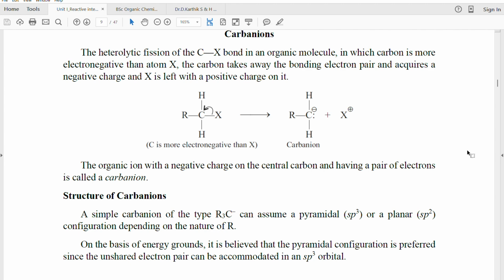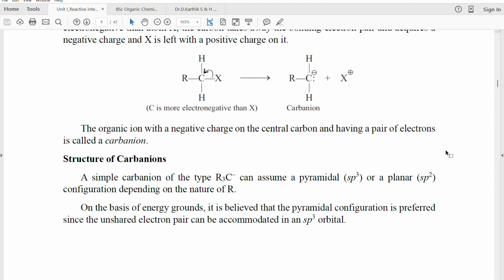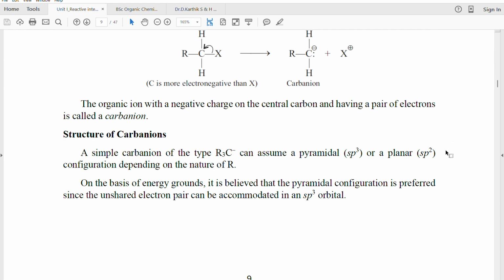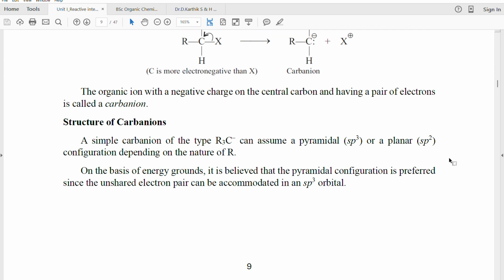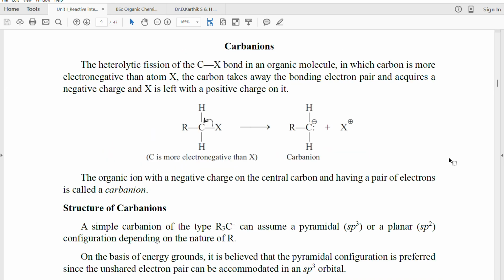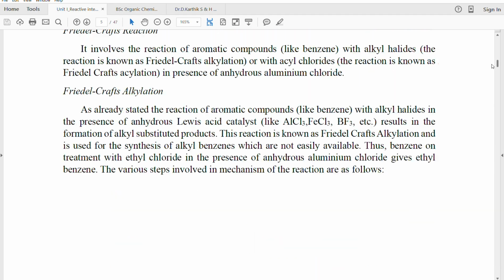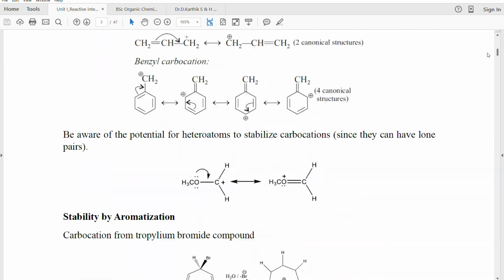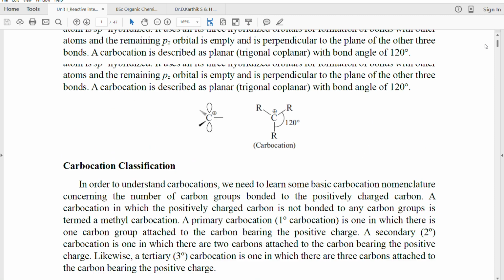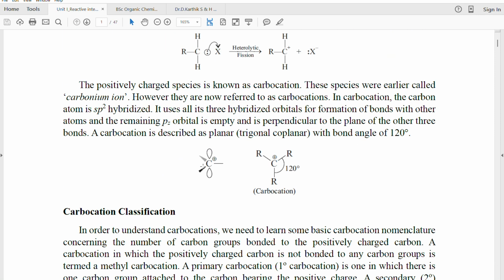But for the carbanion, the hybridization is sp3. Why? In the carbocation we have an empty p orbital, which is perpendicular to the plane of the carbocation.